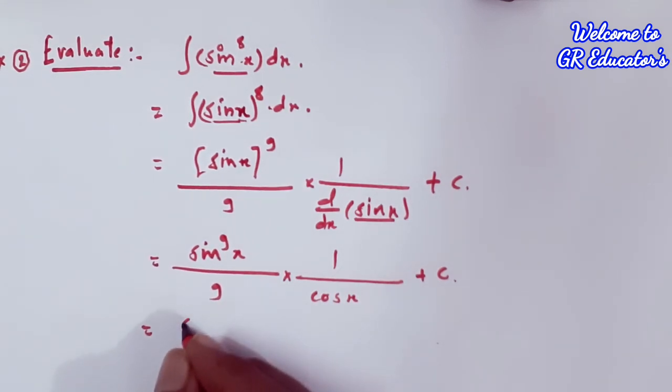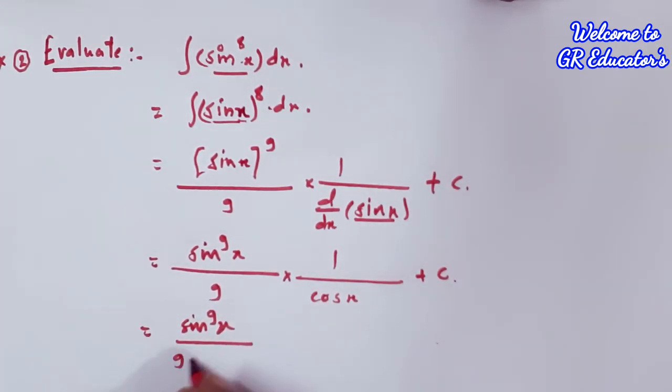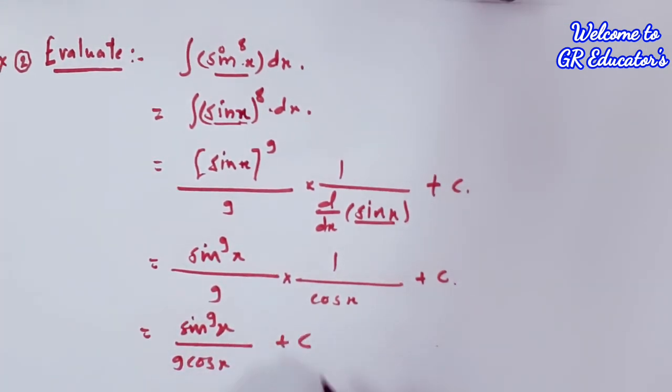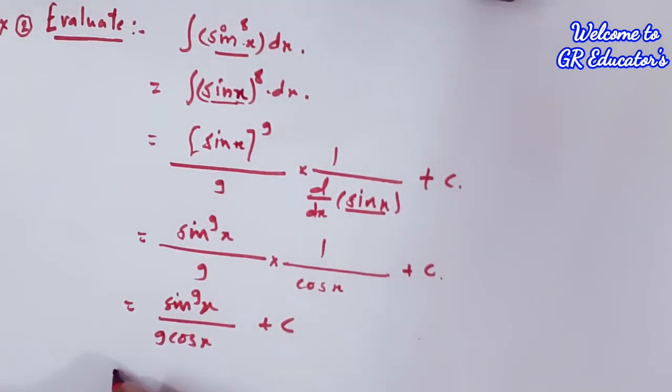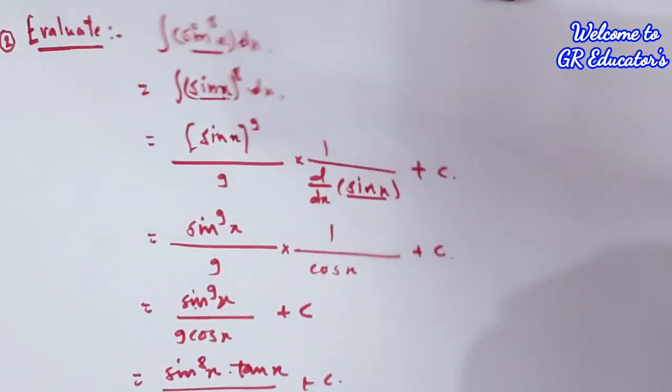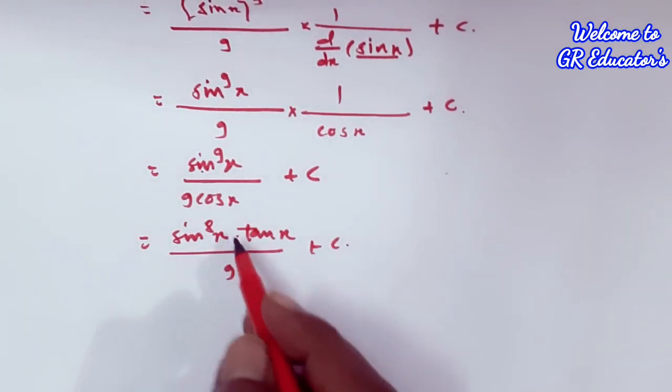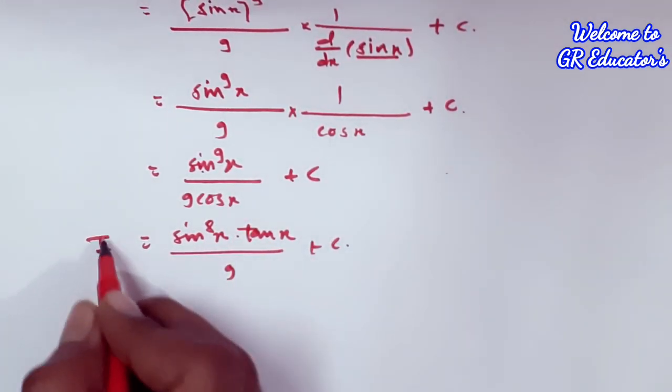Rewrite this: sine raised to power 9x divided by 9 into cos x plus c. If you want to rewrite this again, one sine divided by cos means sine upon cos becomes tan, so sine raised to power 8x, sine by cos becomes tan x, divided by 9, plus c. So in this way you can find the answer.